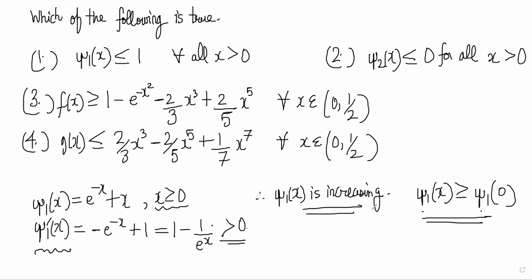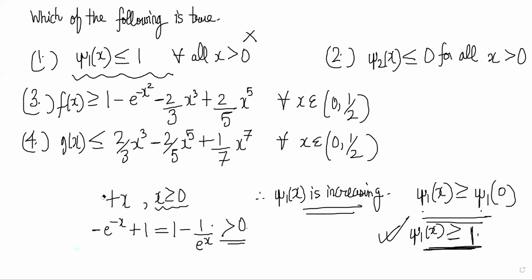Psi1 0 is basically 1. We get psi1 x is greater than or equal to 1, which means option 1 is incorrect, because here the claim is that psi1 x is less than or equal to 1. So that completes checking option 1.